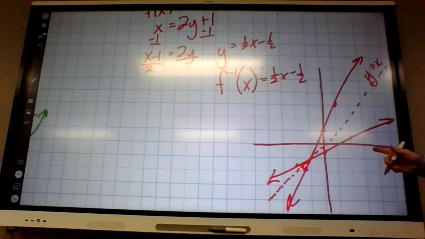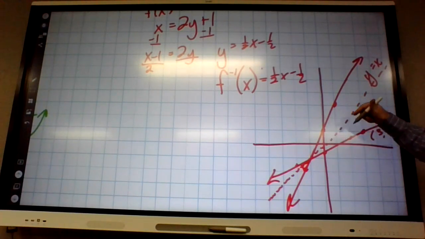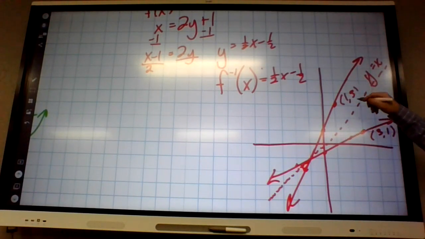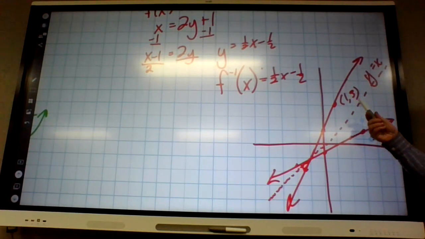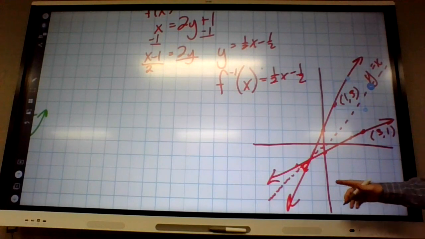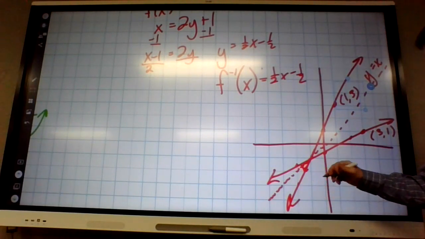So for example, right here there's a point at 3, 1, right? And on this graph, there's a point at 1, 3. So you see how the x and the y switch places? 3, 1, 1, 3. Or where's another point? Well, it's kind of the same thing.